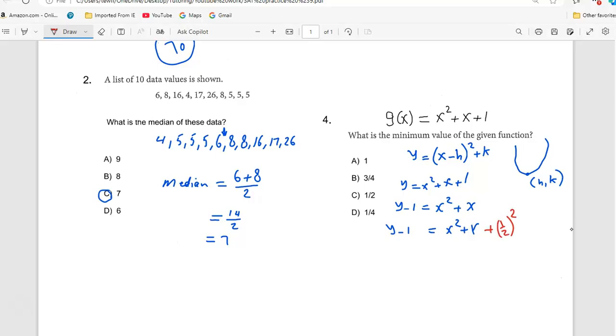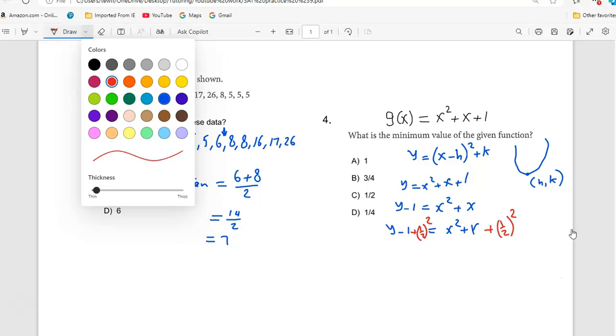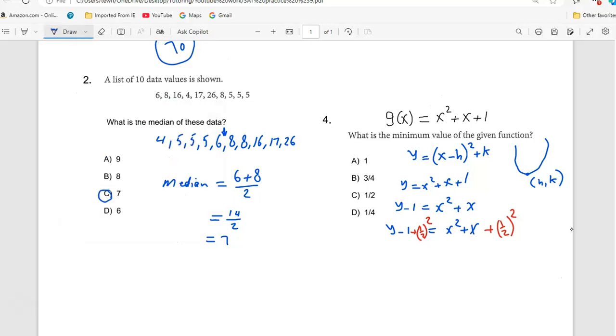Because I add 1/2 squared on the right side, I have to add it on the left side, plus 1/2 squared, to keep the balance of this equation. So what we have now, y minus 1 plus 1/2 squared, that's 1/4, equals x squared plus x plus 1/4. Now that's a perfect square.